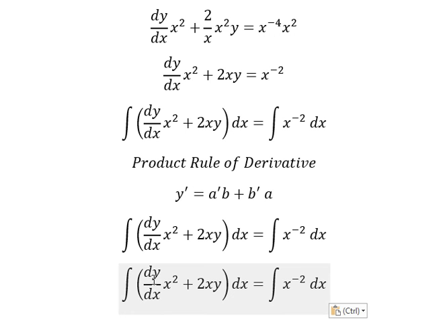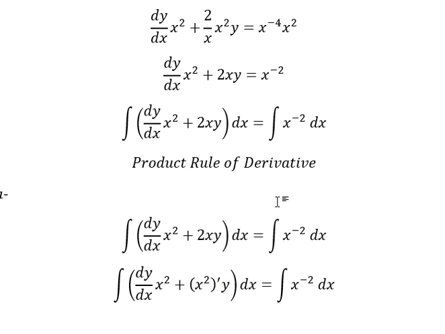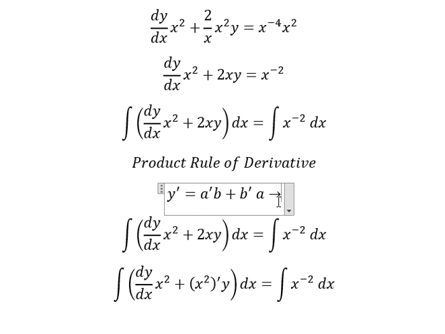For this one, we have the first derivative of a multiplied by b. This one we have the first derivative of b multiplied by a. So the integration of this one, we have y equals ab.